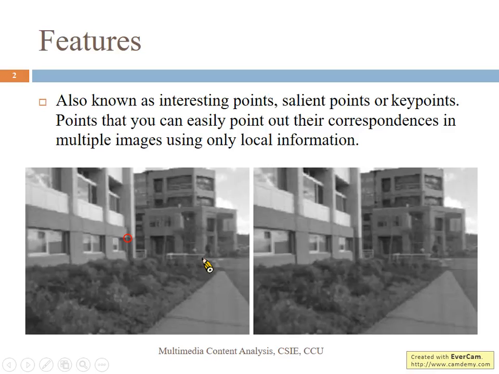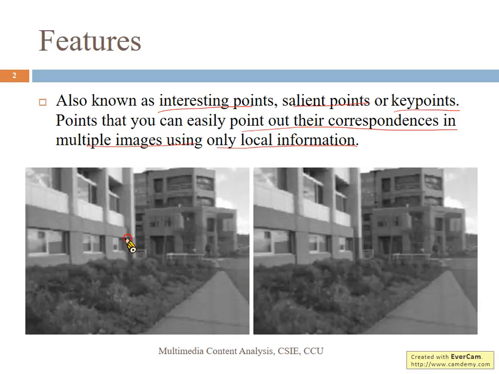What are local features? Local features are also known as interest points, salient points, or key points. That means you can easily point out the correspondence in multiple images using only local information, like in these two images. They differ slightly, just a viewpoint change, a slight viewpoint translation between the two images.